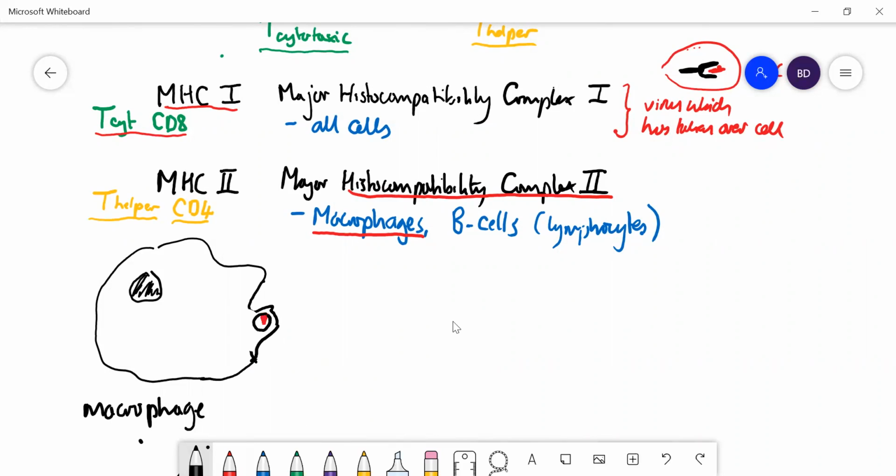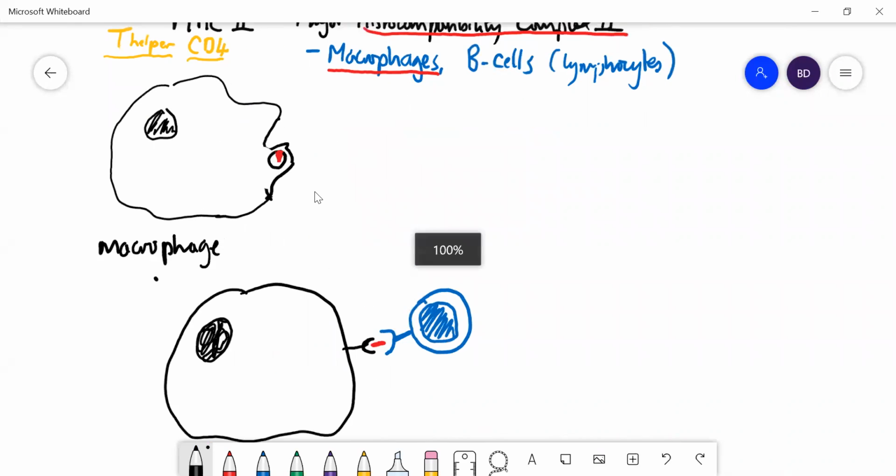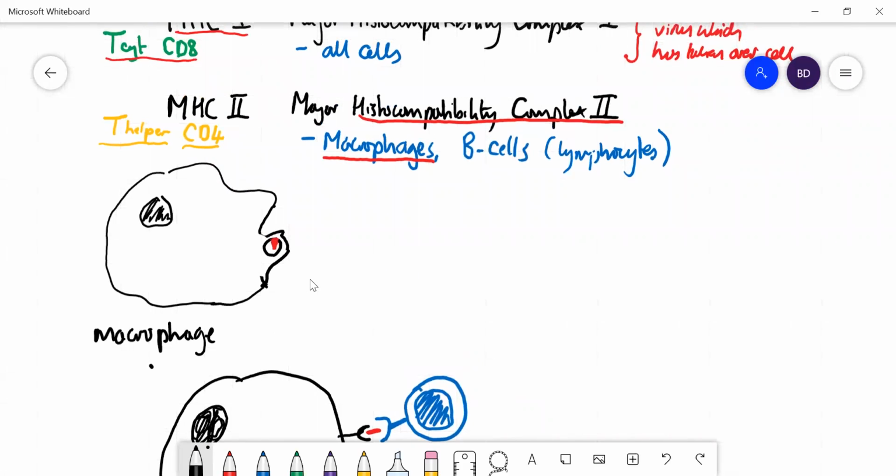There's a vacuole, and the macrophage secretes all kinds of proteolytic enzymes and various other things, kills whatever it is and breaks it up, breaks the protein down into smaller bits. So here is that bit of bacteria or virus or whatever it is that's been broken up.